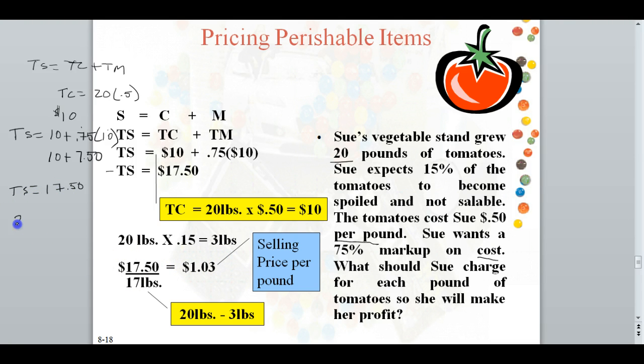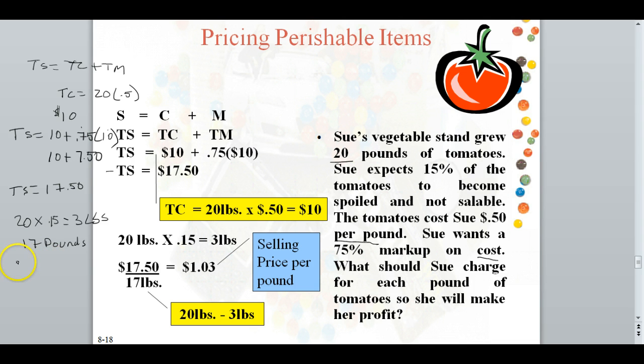So we have 20 pounds. She expects to lose 15%. So she expects to lose 3 pounds of tomatoes, so now she's only going to have a total of 17 pounds to sell. She still needs to make this total selling price of $17.50, and now she only has 17 pounds instead of 20 to work with.